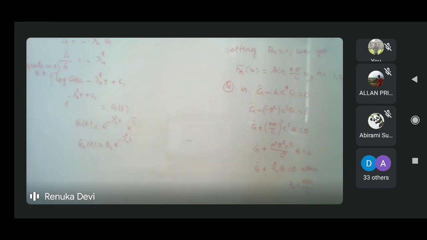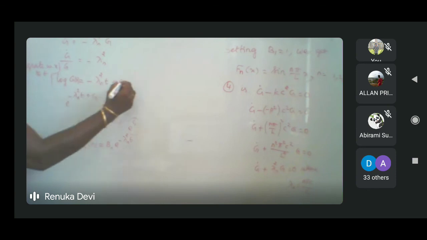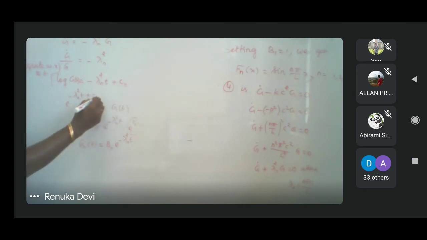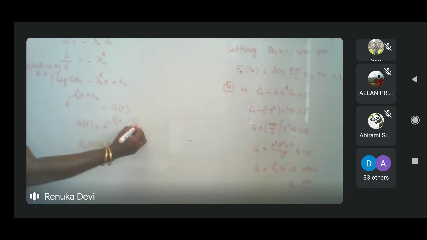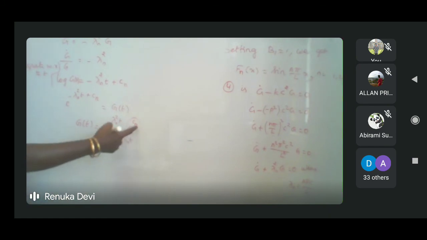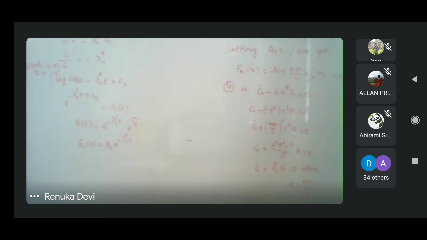Or instead of c you take cn for n, so e power cn is taken as bn, where bn is a constant.